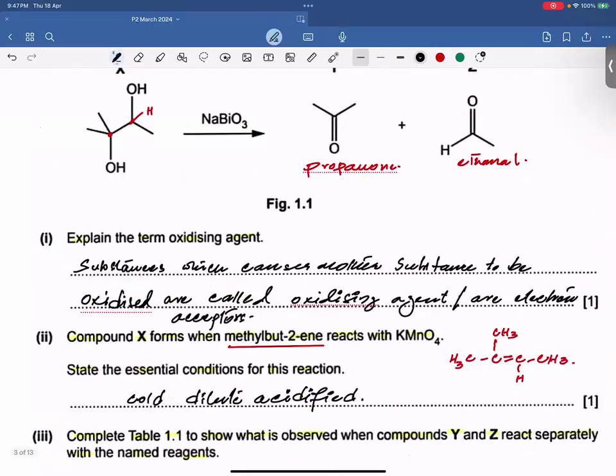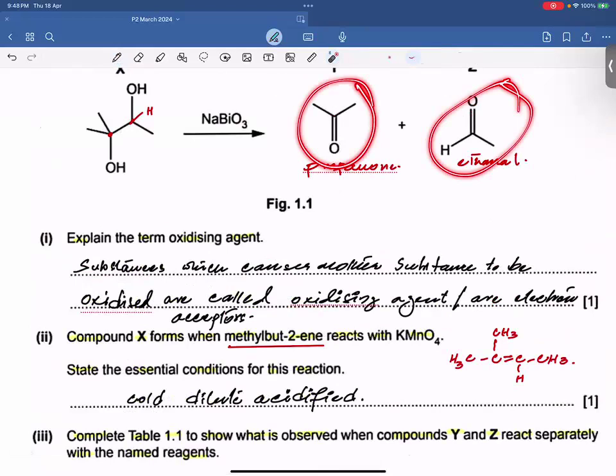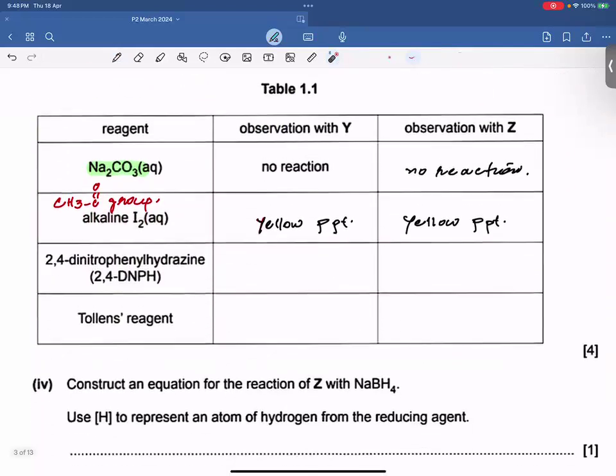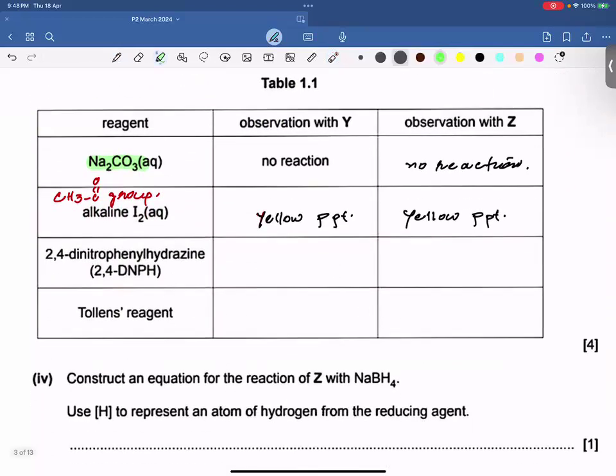All right, one more thing. This is a ketone, this is an aldehyde, and both these compounds belong to carbonyl compounds because they have carbonyl groups. Since both are carbonyl compounds, both of them can react with 2,4-dinitrophenylhydrazine, and therefore you will get yellow-orange precipitates.